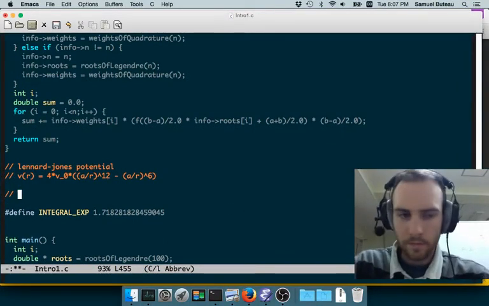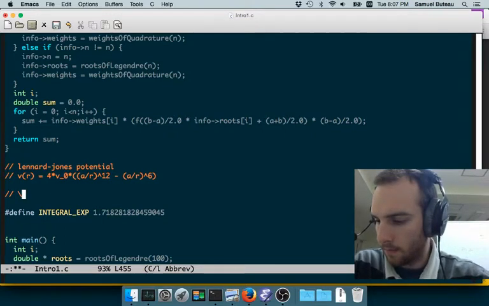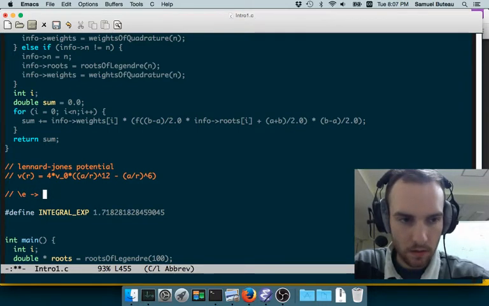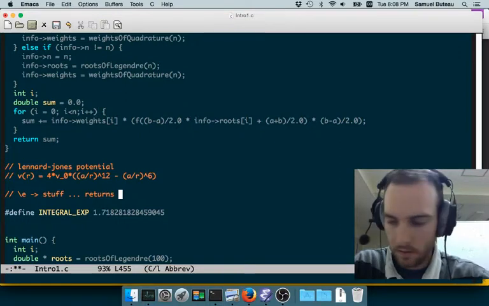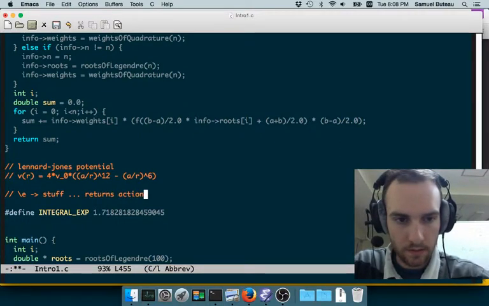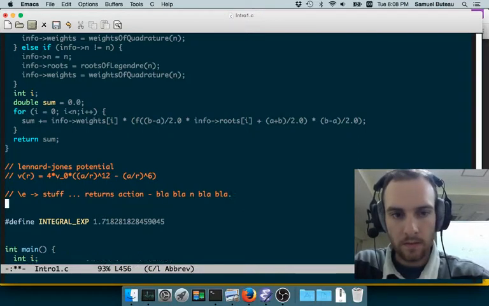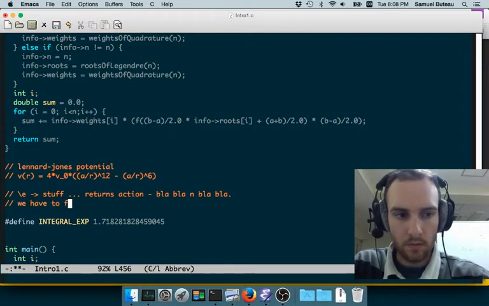Alright, so there's a function that takes E, does stuff, and returns the action minus some value, and we have to find the root of that function.